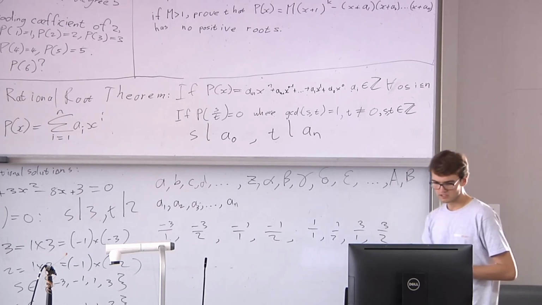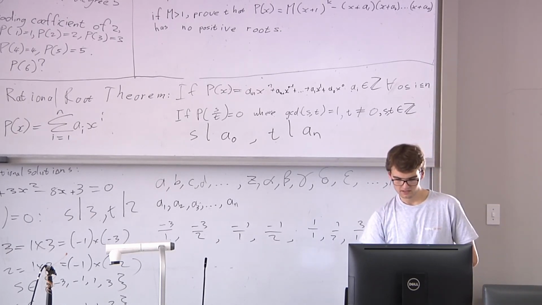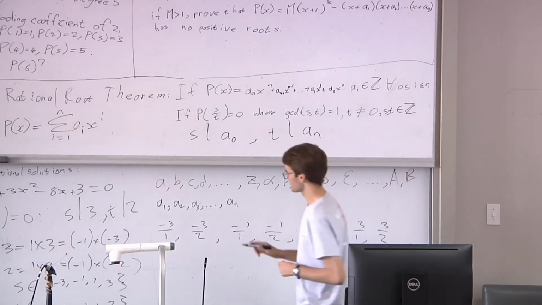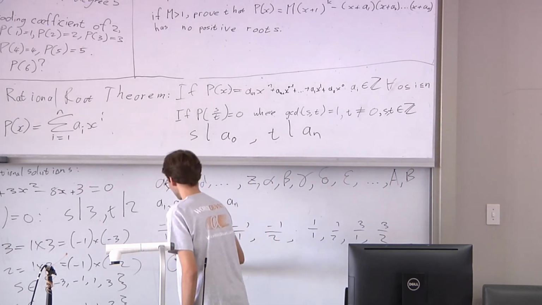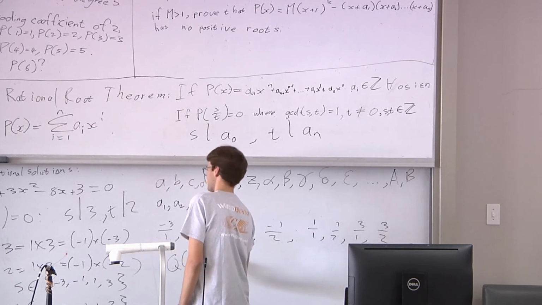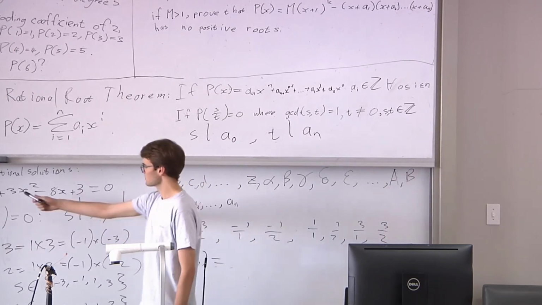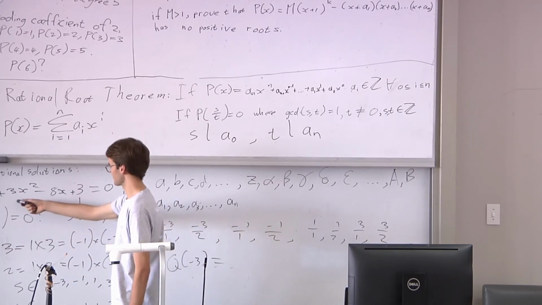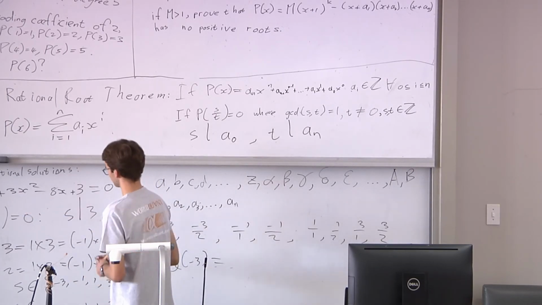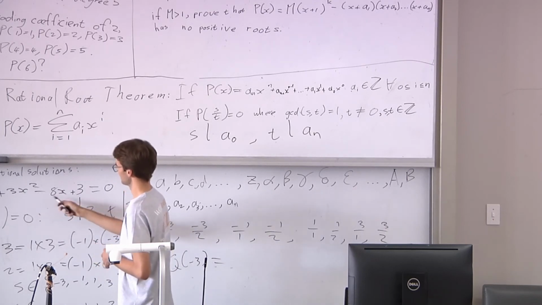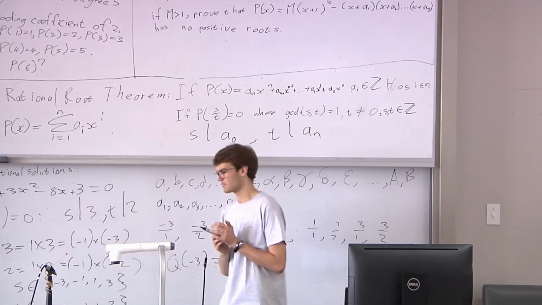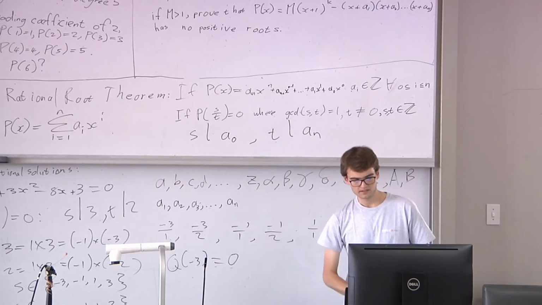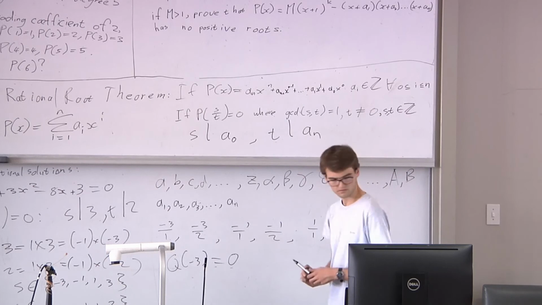So, for instance, if you check Q of -3, you get 2 times -27, so that's -54, plus 3 times 9, so you get 27, plus 24, plus 3, which gives you 0, which means -3 is a root. Then you check -1.